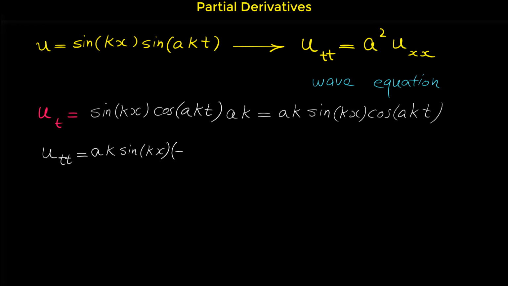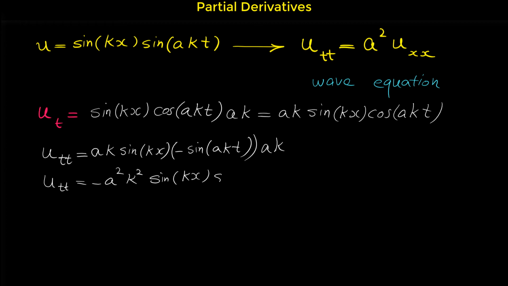So negative sine of akt. But again, don't forget to multiply by the derivative of the inside. The derivative of akt with respect to t is ak. ak times ak is a squared k squared, and don't forget we have a negative here, so u sub tt equals negative a squared k squared sine of kx sine of akt.